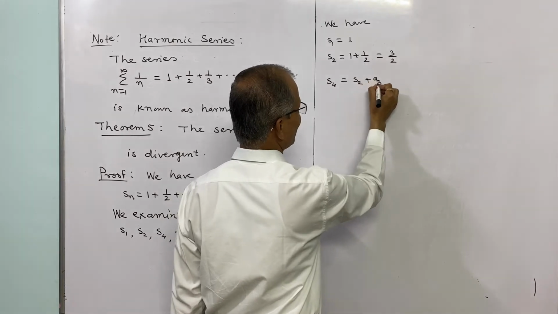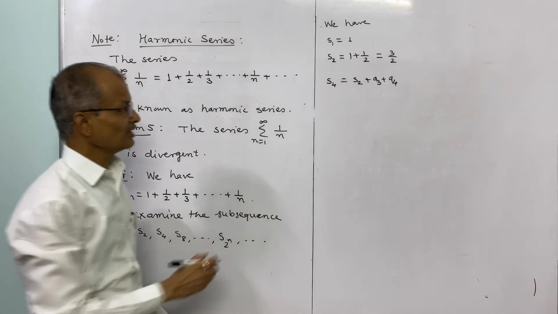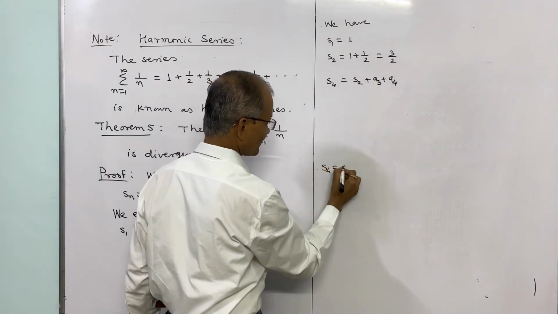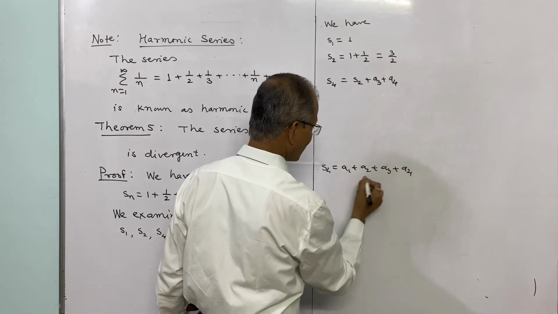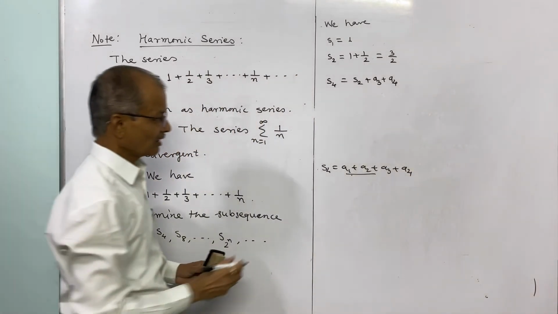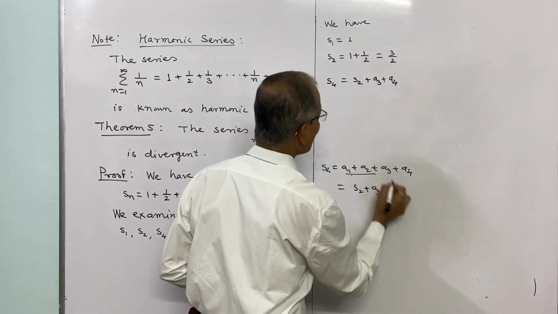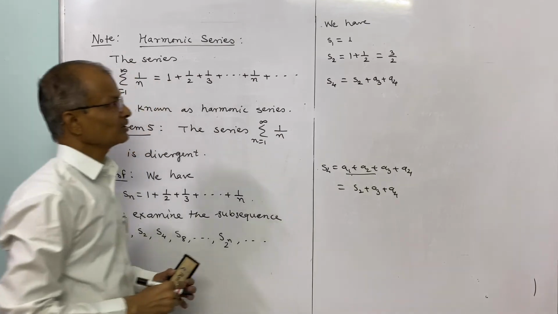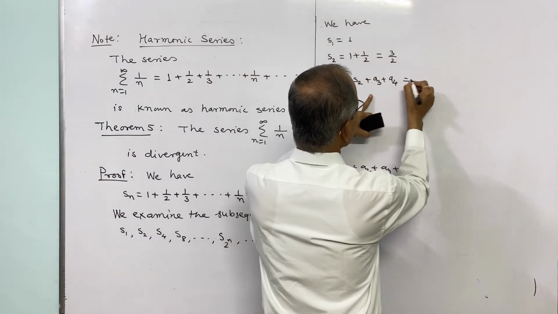Third and fourth, A3 plus A4. You note this. S4 is A1 plus A2 plus A3 plus A4. But A1 plus A2 is S2, and therefore this is S2 plus A3 plus A4. And what is now S2? S2 is 3 by 2.